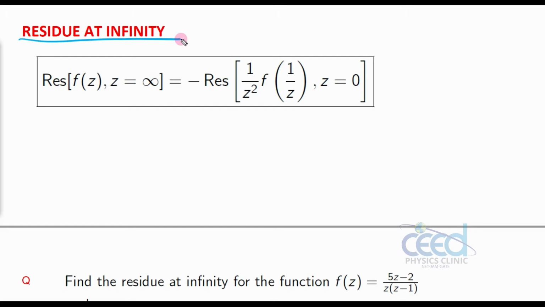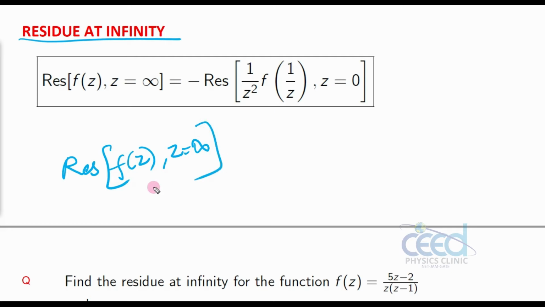To calculate residue at infinity, the residue of a complex function at z is equal to infinity, we can represent as we have represented in the previous classes. That is equal to, we have two formulas.